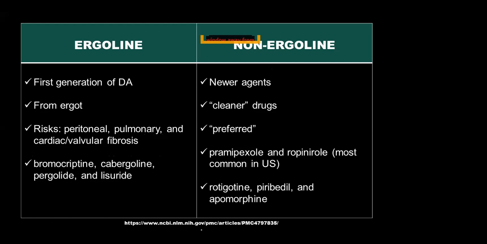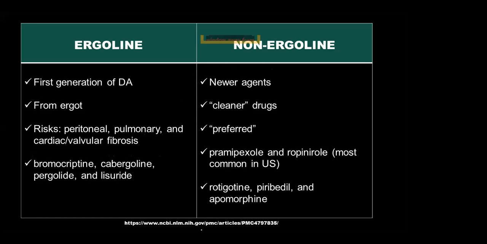So dopamine agonists are commonly divided into two groups. These are the ergoline and the non-ergoline derived agonists. Ergoline agonists are the first generation of the DA. They are derived from the ergot. They tend to produce more side effects in clinical practice due to their interaction with receptors other than the D2 family.